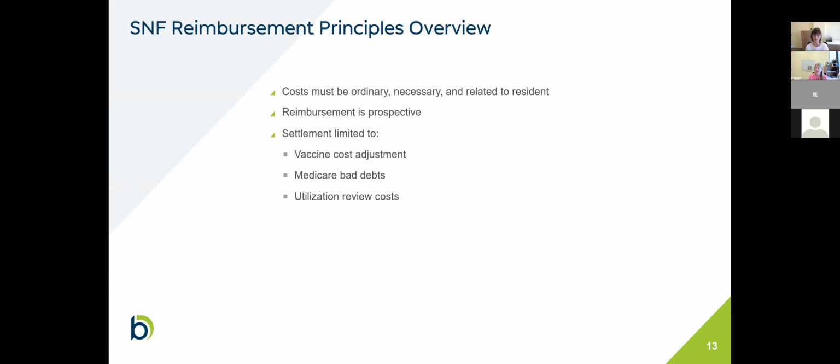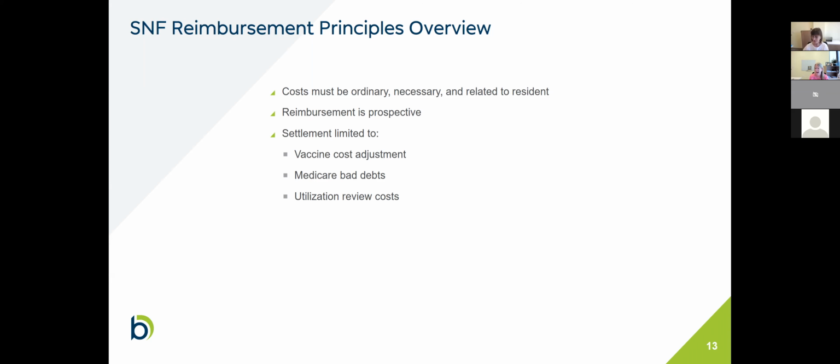As Olga mentioned, an example would be legal. We often incur legal expense in our facilities related to things like if we're trying to collect money from residents, or we have something that needs to be reviewed, needs a legal opinion. Those are services that may be necessary for the facility, but they're not related to the residents.